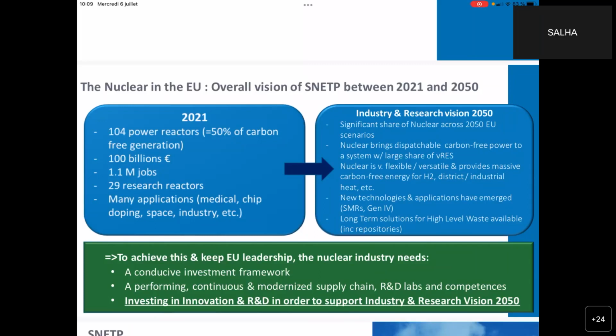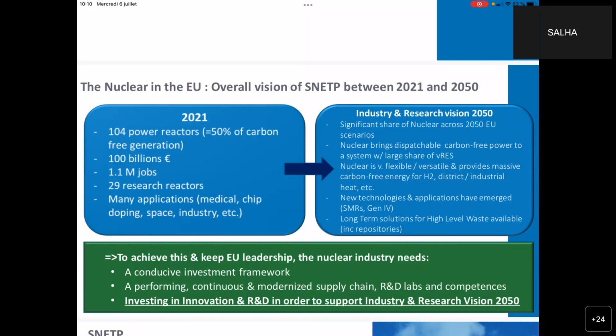And about waste, which is also a very key question. You probably know that in Europe at the moment, we have really significant achievements. Let me quote what's happening in Finland with the opening of a new waste depository, what's happening in Sweden also, on which there is a project ongoing, with a very soon opening of this site, and also in France, where we have a depository not so far from Reims in the Bure area, which is going to be opened.